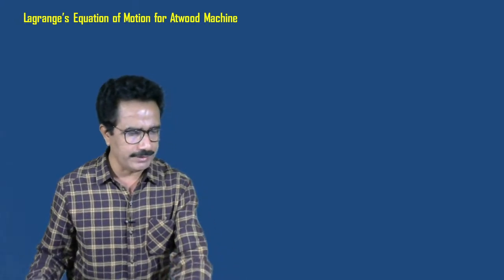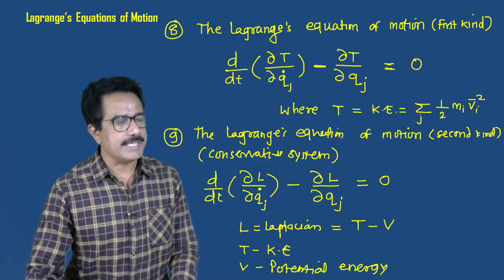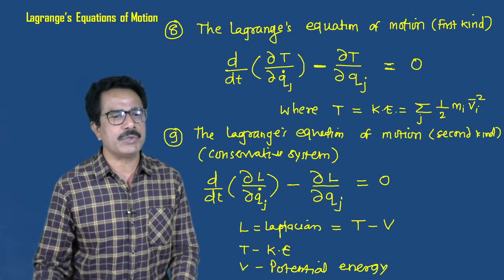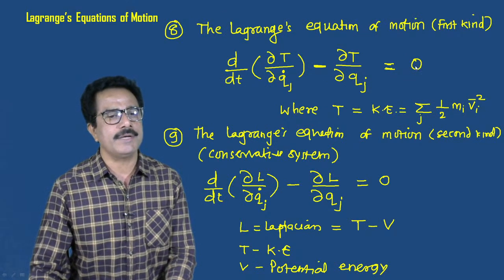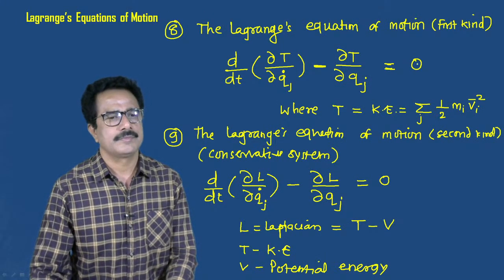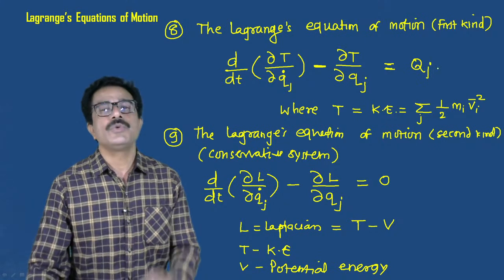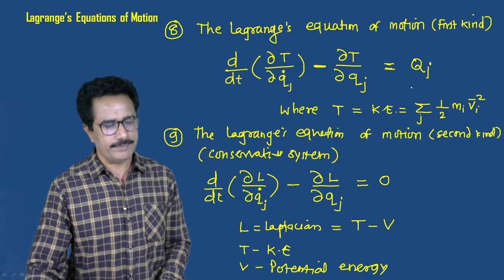This is the equation of motion in the form of Qj, where Qj means the generalized force.